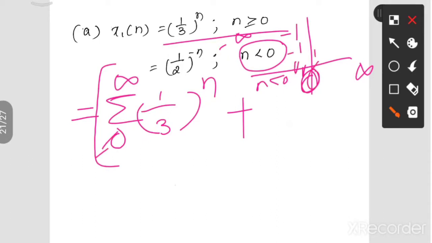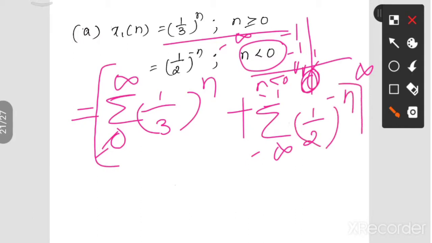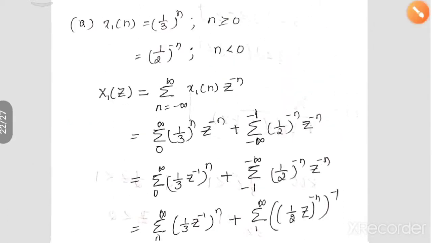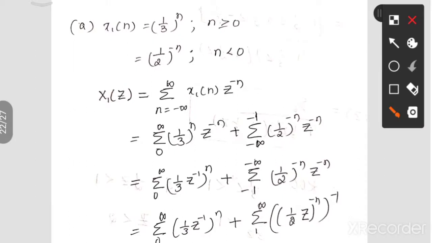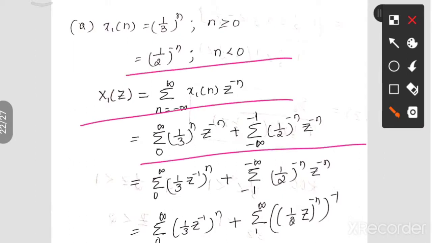Therefore it is up to minus 1. So the second signal will be from minus infinity to minus 1, and that signal is 1 by 2 raised to minus n, into z raised to minus n. So from this x1 of z can be written, and this is the formula of the z transform.